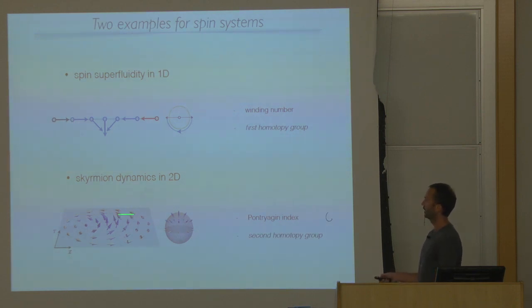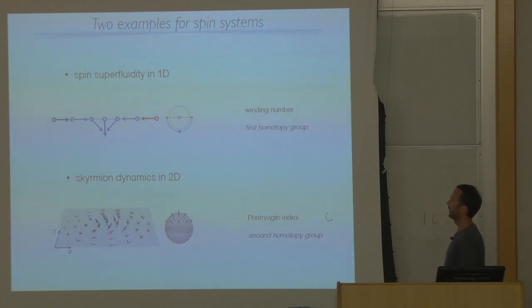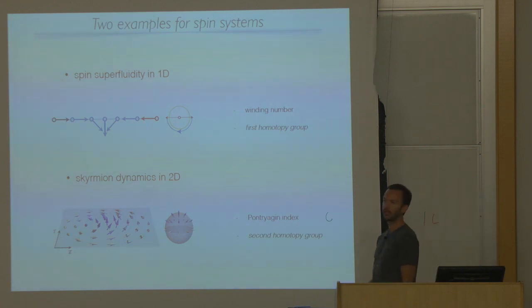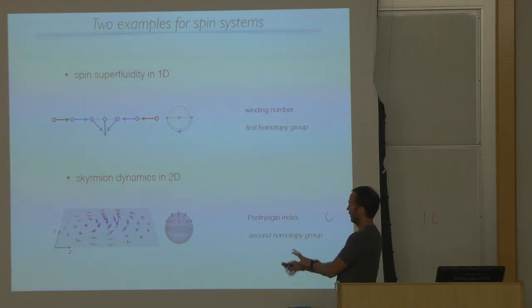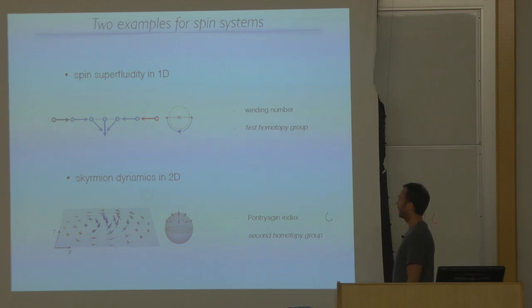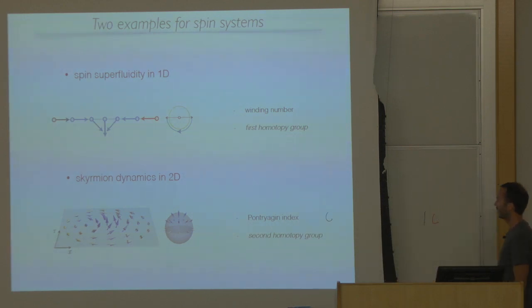Then the skyrmion topological invariant corresponds to the number of times the two-dimensional texture wraps around the sphere. So if at every point you place that magnetic moment on a sphere, go around in a continuous fashion, and count how many times you wrap around the sphere, that's called the Pontryagin index, or skyrmion number.